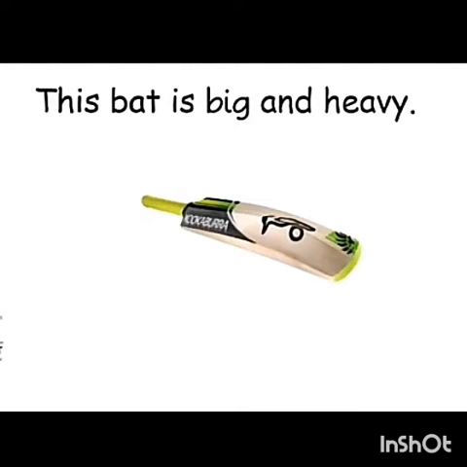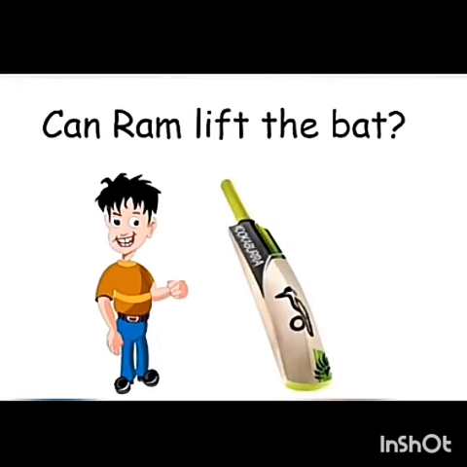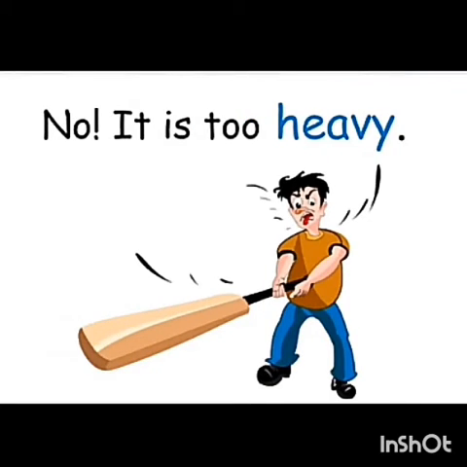See, we have one more bat, but this bat is big and it is very heavy in weight. Can Ram lift this bat? No, it is too heavy. This bat is so heavy that Ram is unable to lift it. It is very heavy in weight.